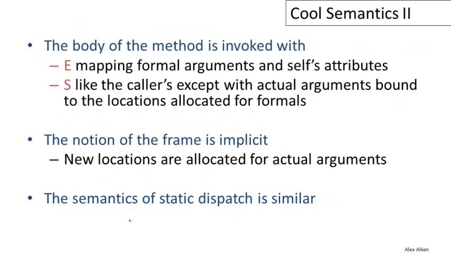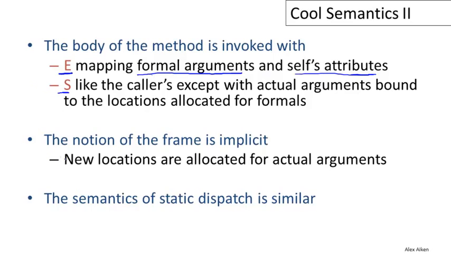To summarize our discussion of dynamic dispatch, the body of a method is invoked with an environment E that has definitions for the formal arguments and the attributes of the self object, and a store that's just like the caller store, except that it also has the actual arguments bound to the locations allocated for the formal parameters.